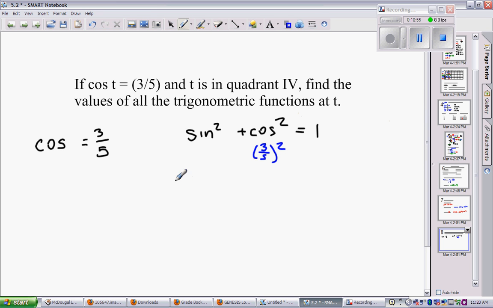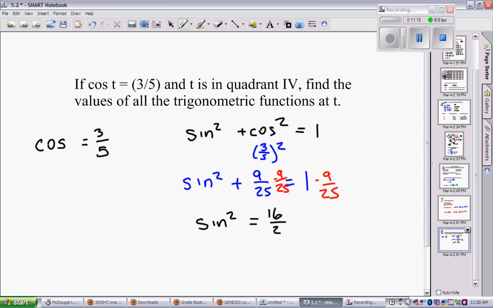We have to square it. So you get sine squared plus 9 over 25 equals 1. Subtract the 9 over 25 from both sides, so that we are at sine squared equals 16 over 25. Take the square root to get sine alone. It's going to be either plus or minus 4/5.